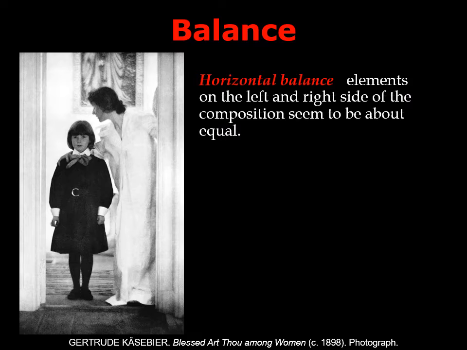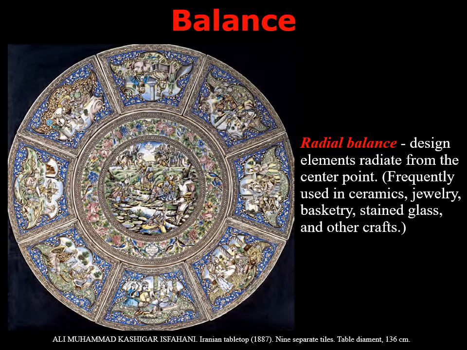The white of the gown versus the black of the daughter's dress. So, like I said, the idea of trying to work things out visually in a way with the visual weight.